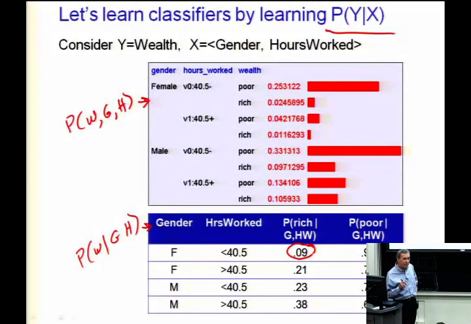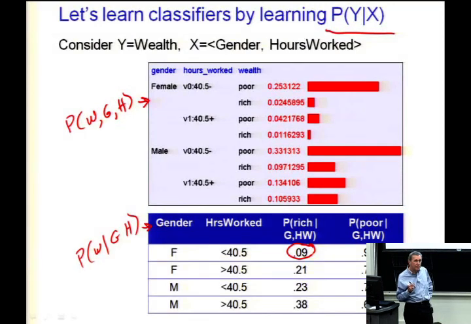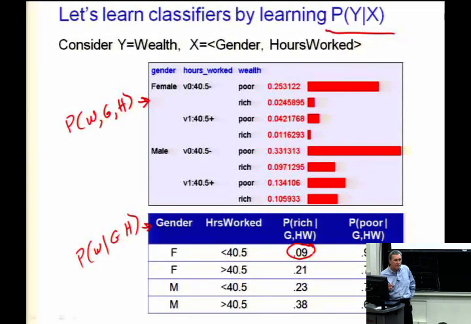First, to get the rich, gender, and hours worked value, you put that in the numerator, and then you add that with all the things that have both the gender and the hours worked. Exactly. So if you didn't hear that in the back, our definition of conditional probability is simply the ratio of the probability that all of these things are true, that is, you're rich and the gender is female and the hours worked is less than 40. That would be this one.